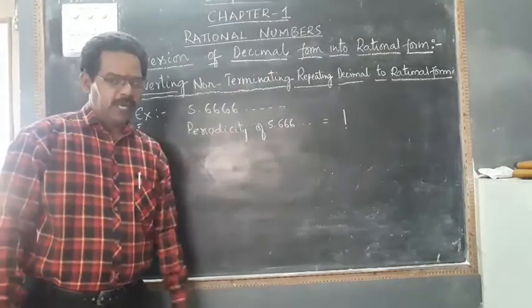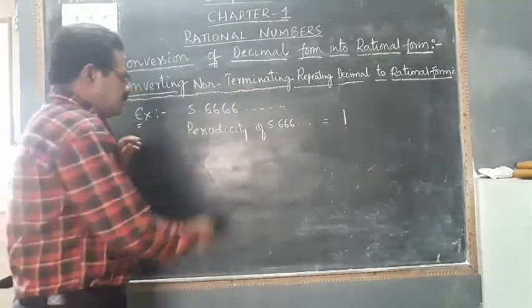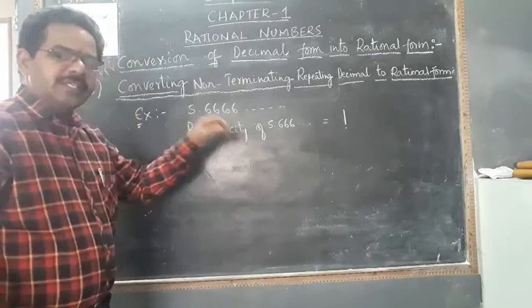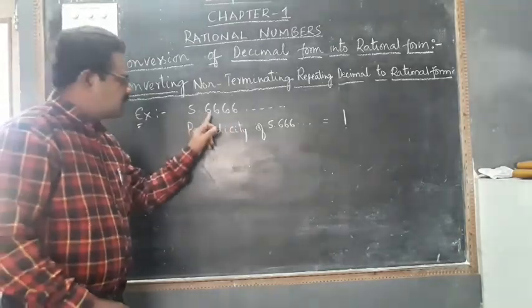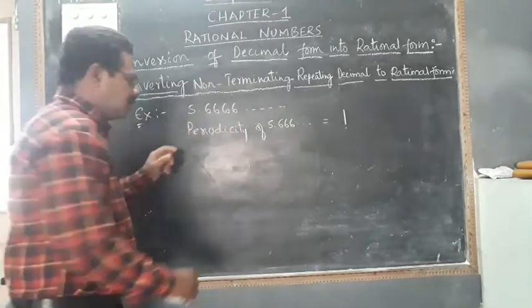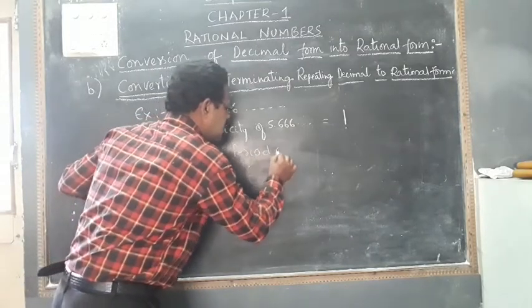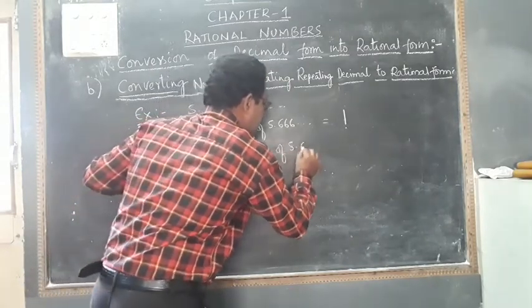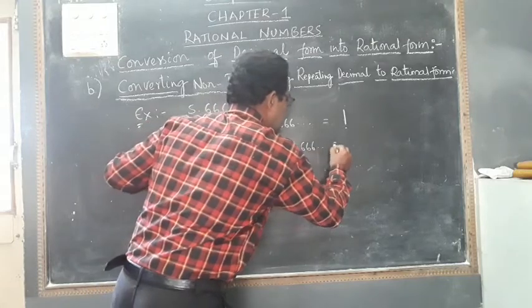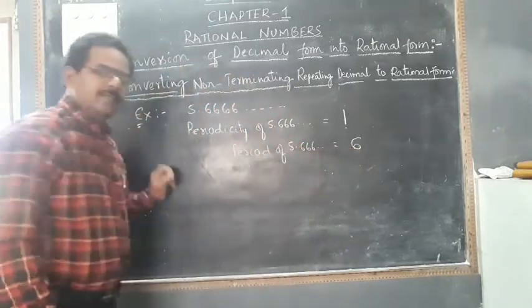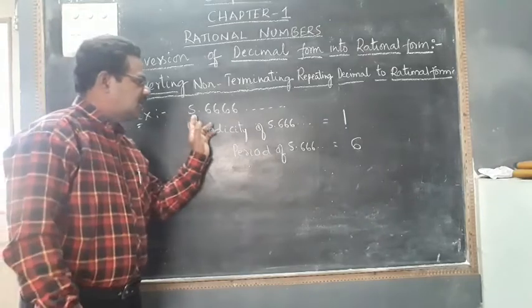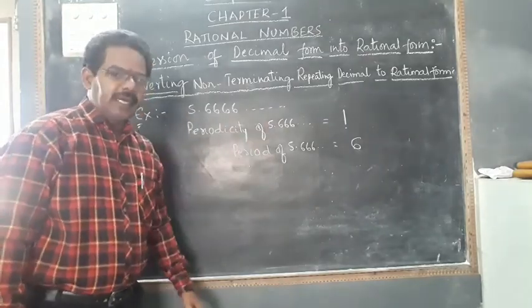And which digit is repeating? Here 6 is repeating. That is called the period. The period of 5.666 and so on is equal to 6. So this is a non-terminating repeating decimal.